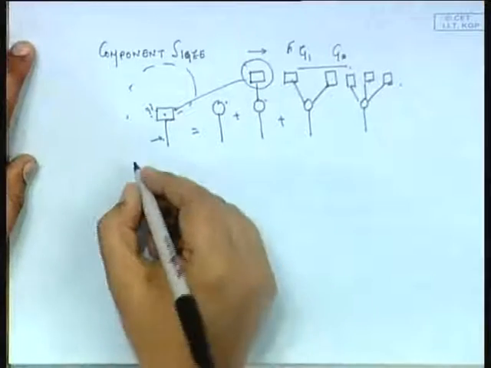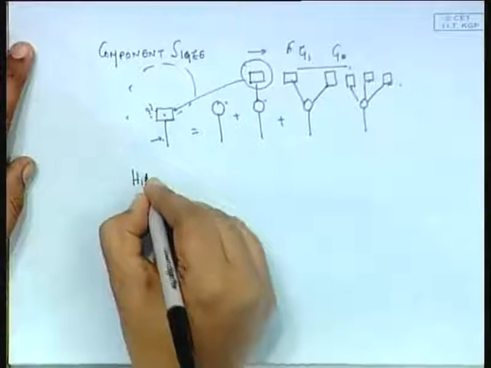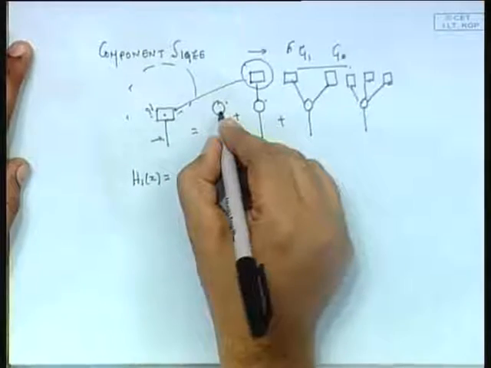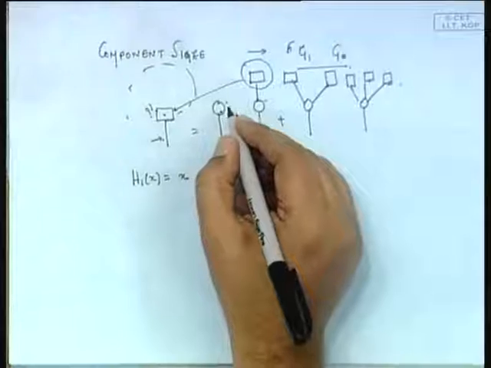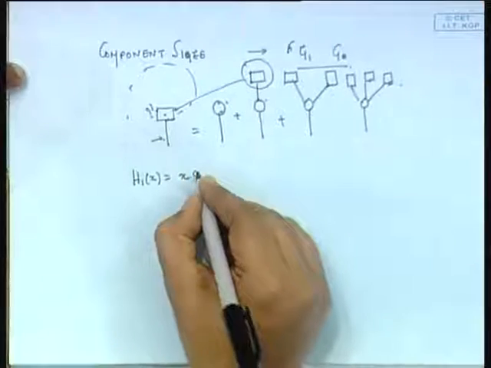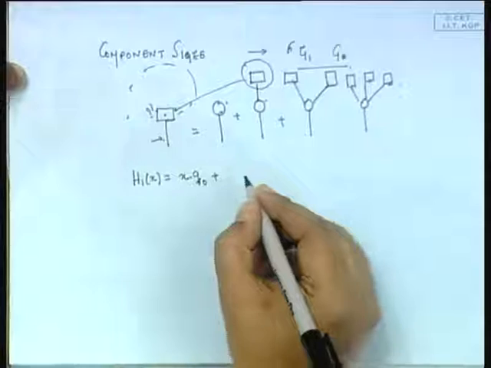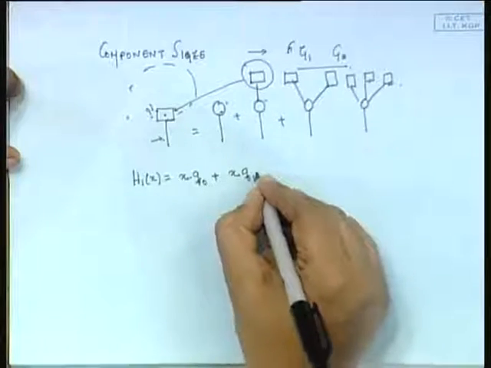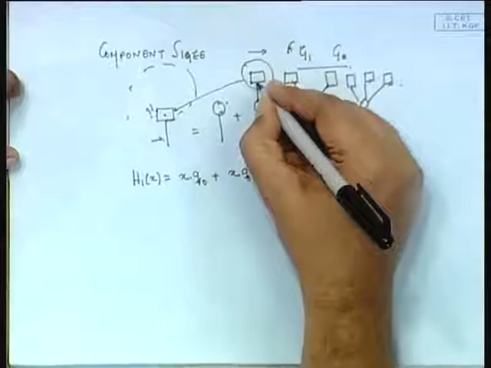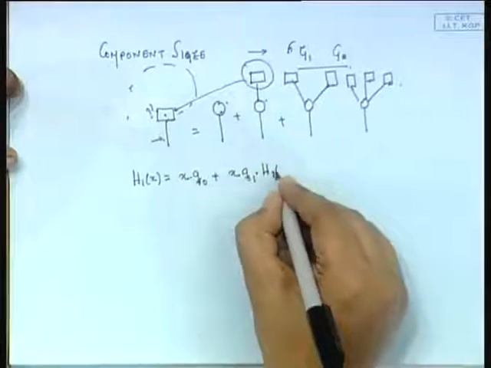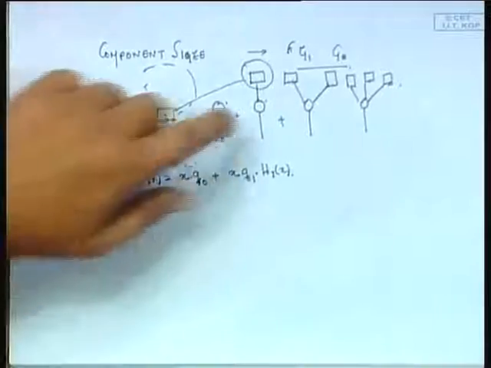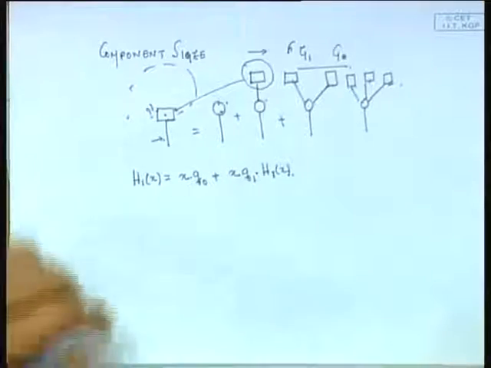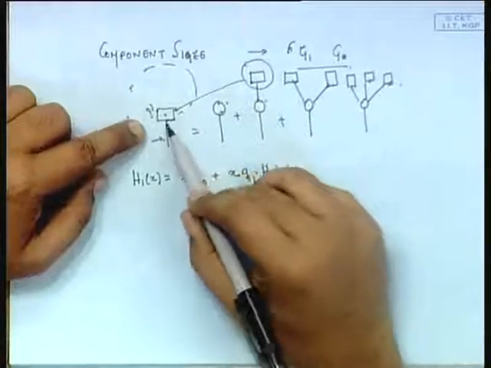So, let us write this way. I write H1(x) is equal to: you can reach a node which has 0 out degree, that is x q0. You can reach a node which has 1 out degree, that is q1, and then once you reach it, it is again H1(x), because it follows the same distribution. Because these are recursive relations.